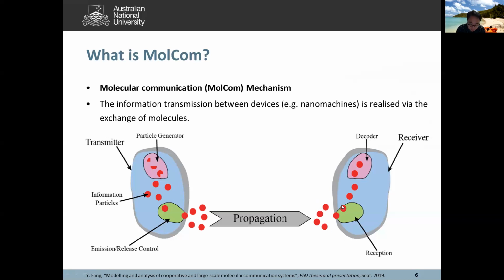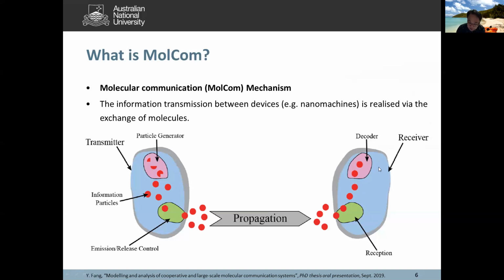So they arrive at the receiver and they are captured, or received by the receiver. And then we have a decoder, some process which has a similar function of decoding, to process the received signal or received molecules and see the information carried by these molecules.